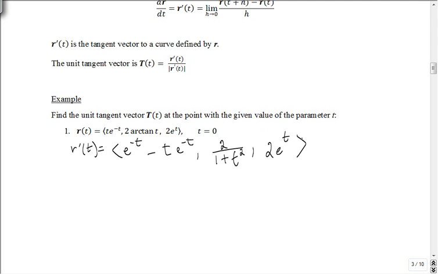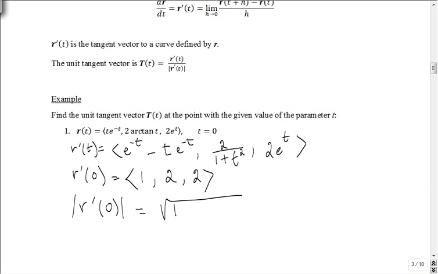Now this happens when t is 0, so you want to find r prime of 0. So put t equals 0 in here. The first function here is 1 because this is 0. The next one is 2. The next one is 2. So that's r prime of 0. Now find the length of that. That's the next step. The length of that, which is the square root of 1 plus 4 plus 4, which works out to be 3.